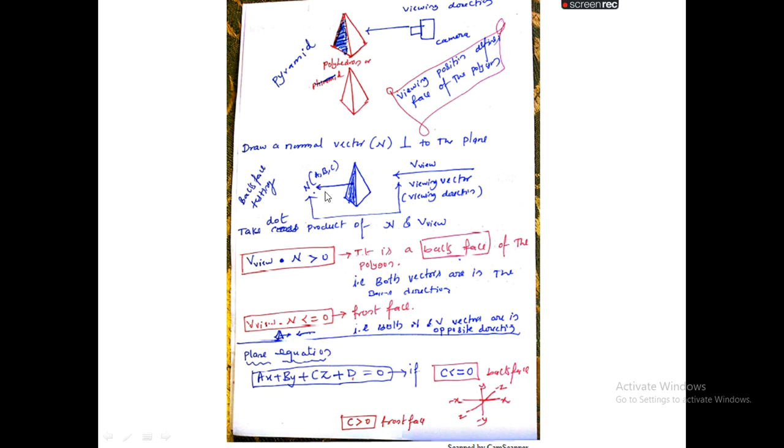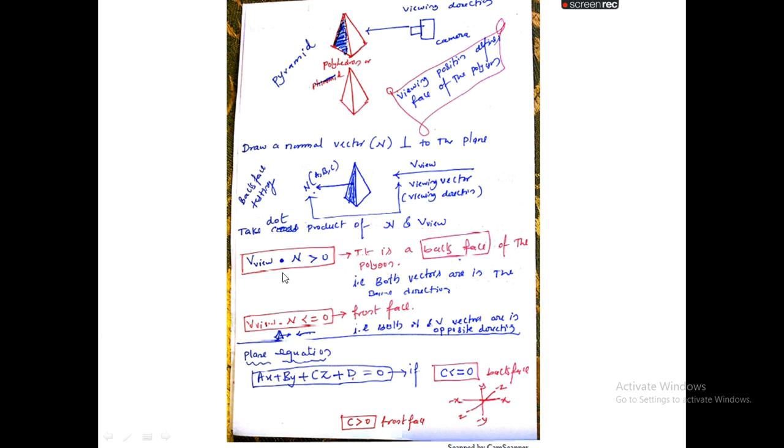Now the two vectors are ready. One vector is called the viewing vector. This viewing direction is called the viewing vector, and we have one normal vector, the normal plane vector N. Now we need to take the dot product of the two vectors, N and V view.